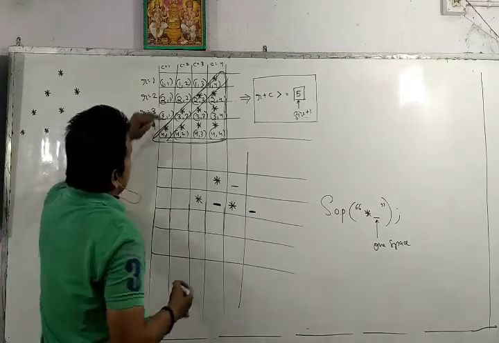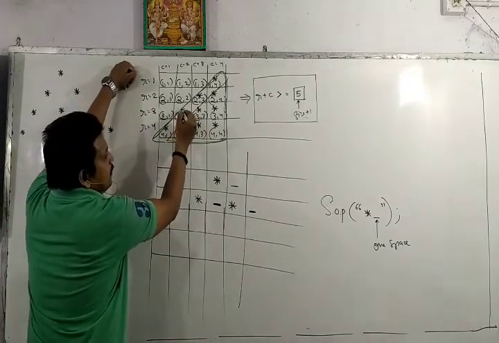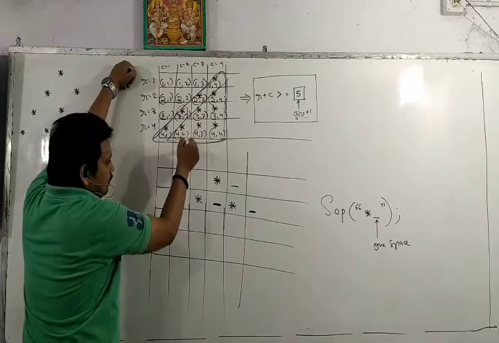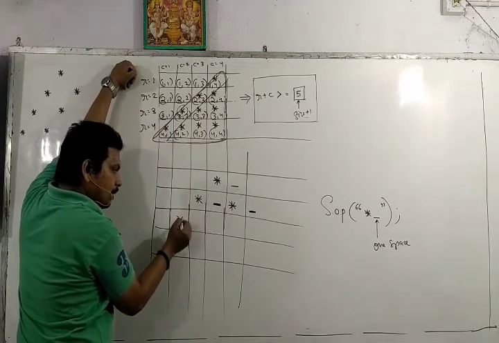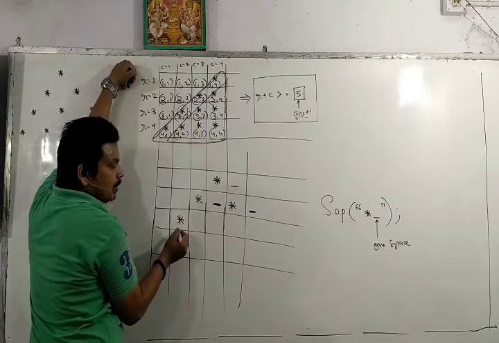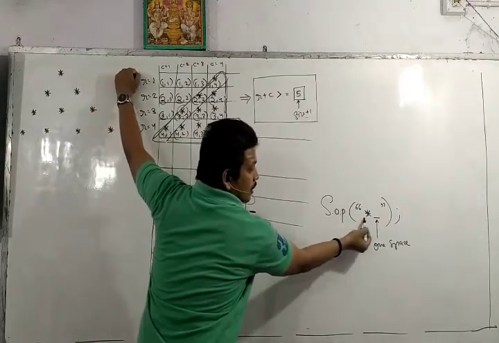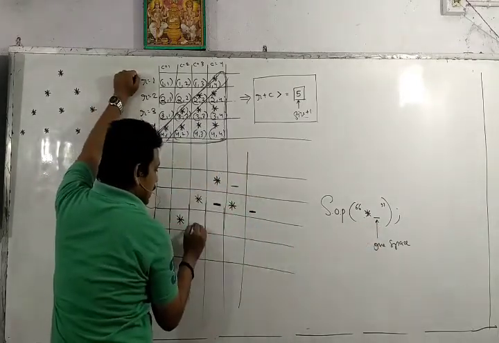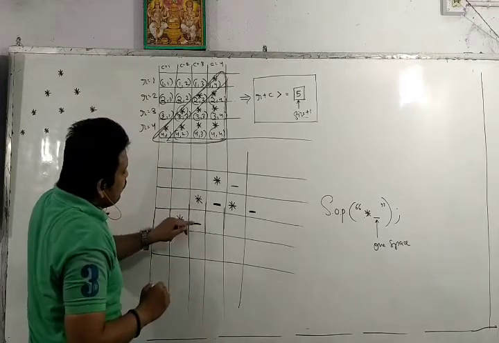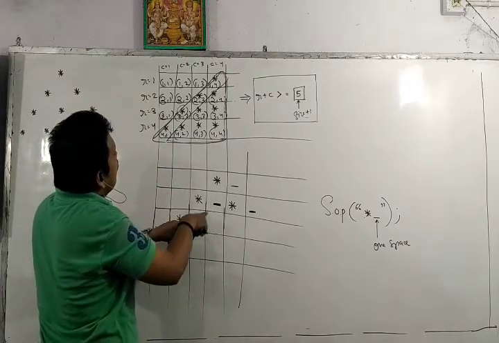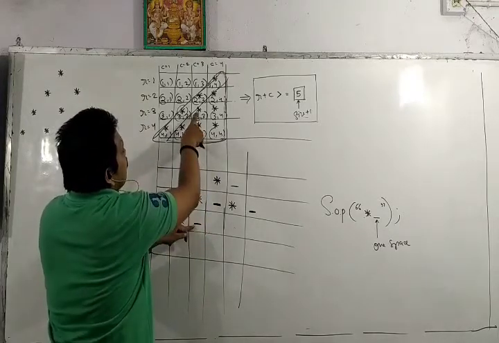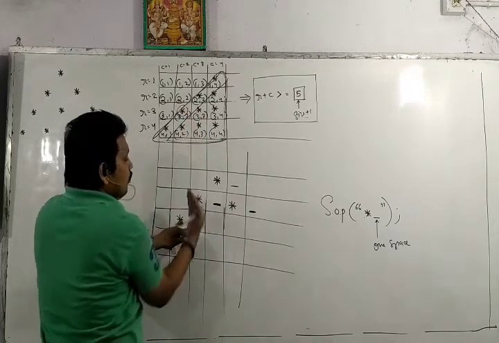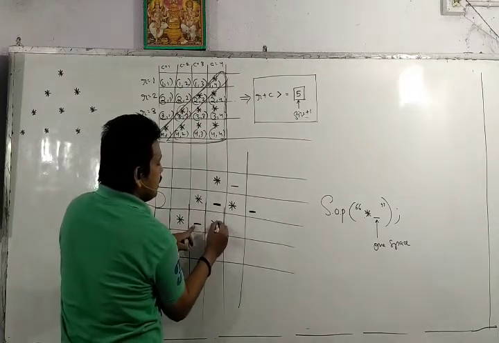Then say this star, this star, this star. If I print one star here, then what is the condition? One space is automatically added here. So this space has taken the place of this star, and this star will be shifted towards the right side.